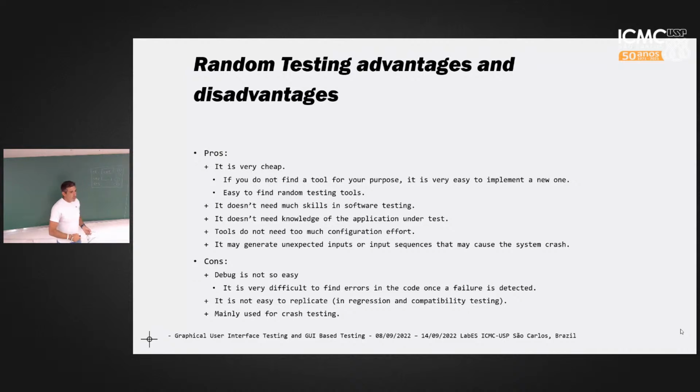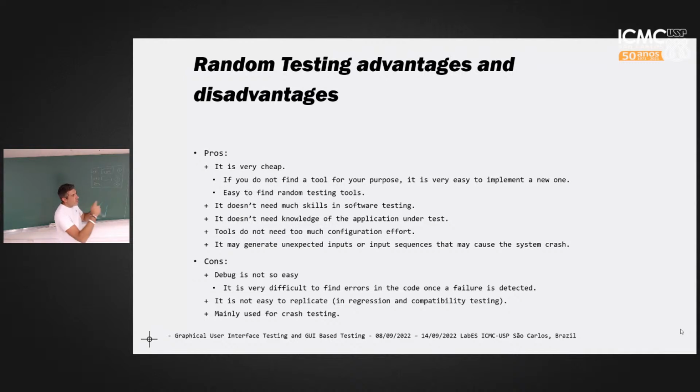Which are the weaknesses of random testing? When I find an error, it's very difficult to debug the system under test because you have sequences of events. Imagine that you have a sequence of 100 events, and probably the sequence of events that generated the fault is limited to 3 events.